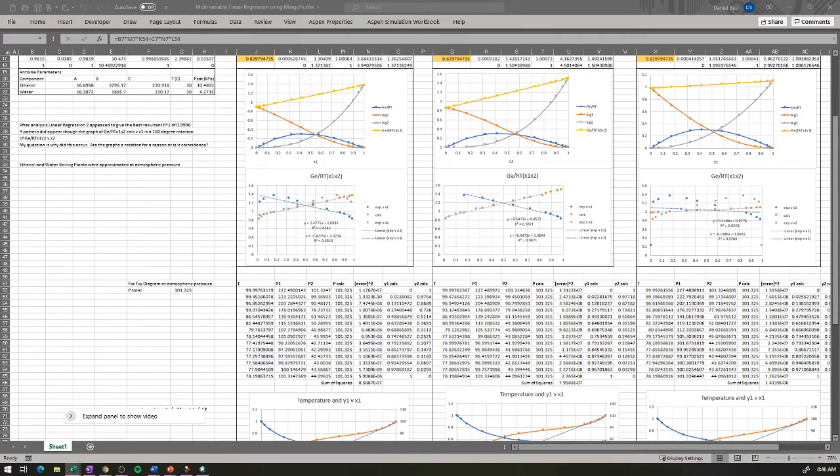Across the temperature. Okay, so if I were to draw a line, or not, insert a line. Where are those? Click on Insert, Illustrations, and then Shapes. Yeah, you'll find it. Thank you.